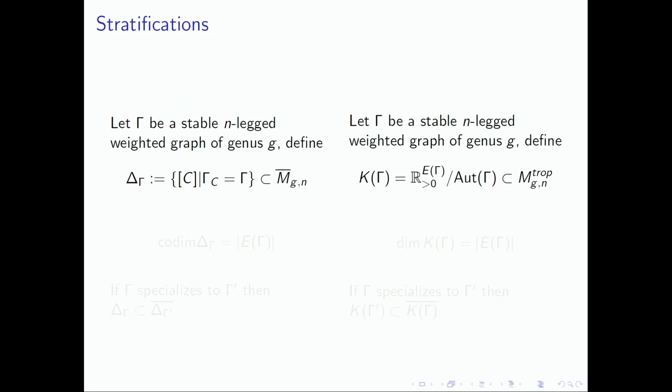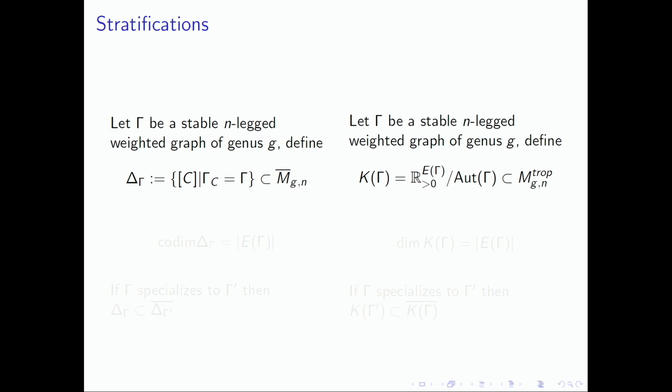And these objects already appeared in Renzo's talk. So the stratifications are very important in tropical geometry. On one hand, we can consider strata inside the moduli space of algebraic curves, which are the loci of curves whose dual graph is a fixed graph. And this gives you a stratum that I'm going to call delta gamma.